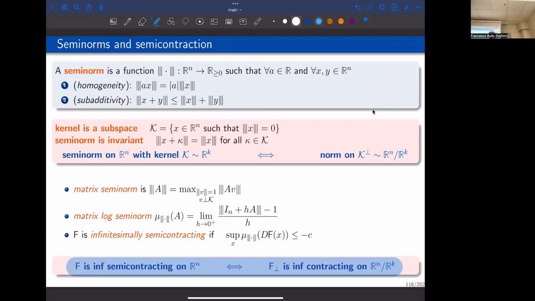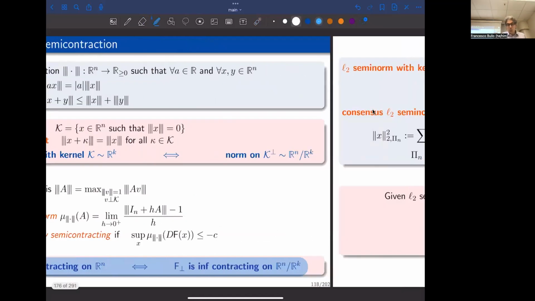Which is what you wanted to prove essentially. So you can work with the original data, the original vector field F, and just do all of the calculations with F, and it will imply contractivity on the subspace. Does that make sense?